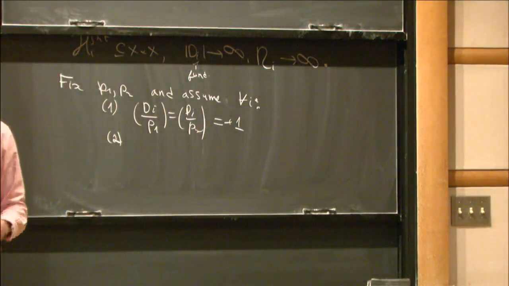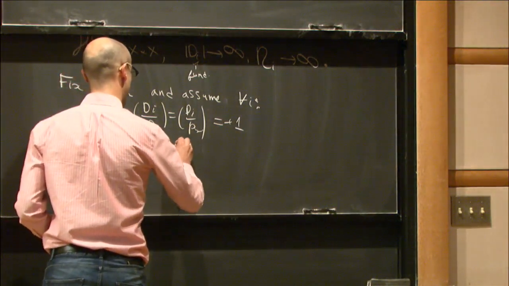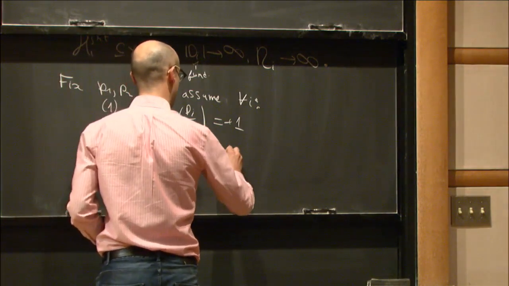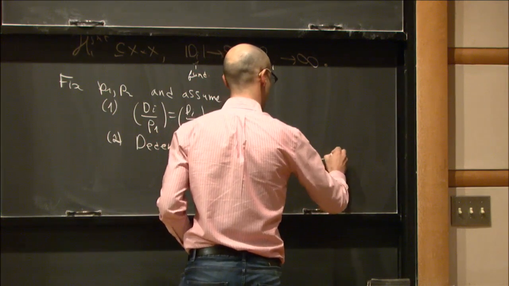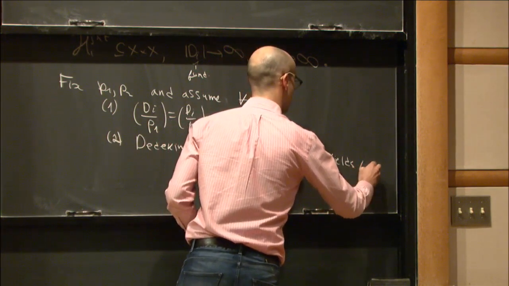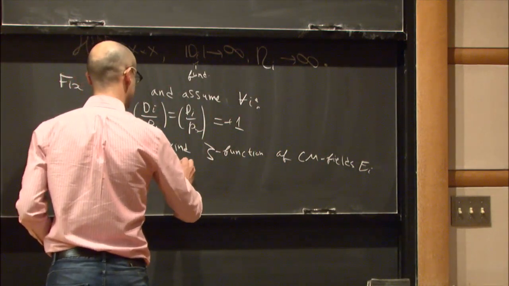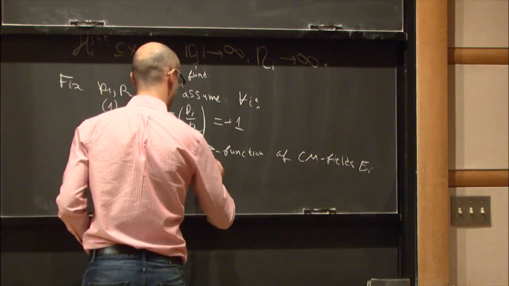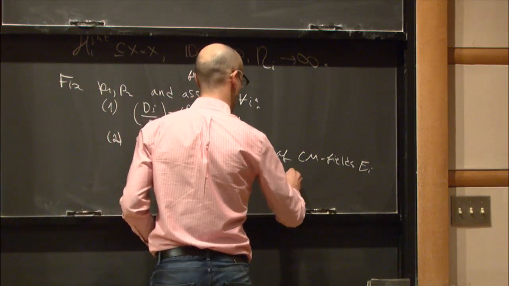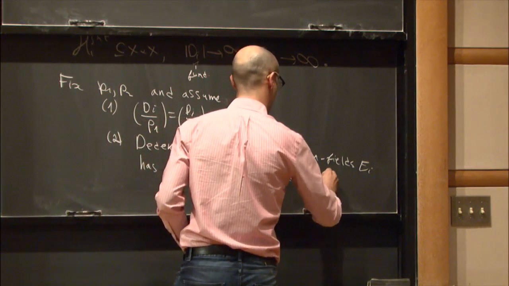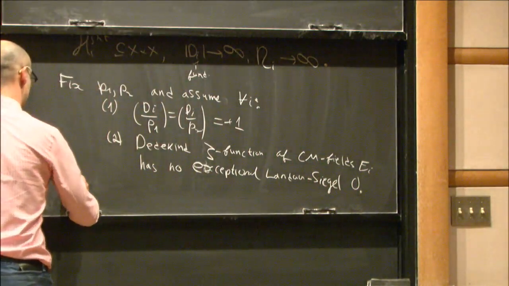And the second assumption, which is also going to be painful: you assume that the Dedekind zeta function of the CM fields Ei, so these are the fields where the orders live, has no exceptional zero. Then the conjecture holds.